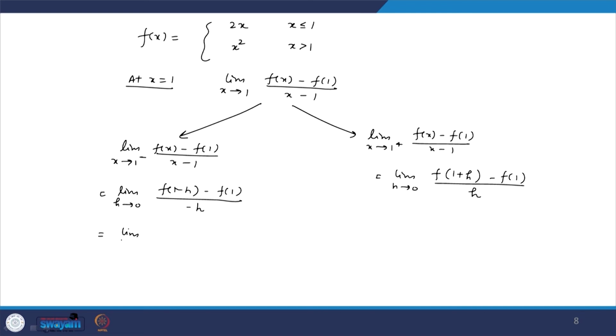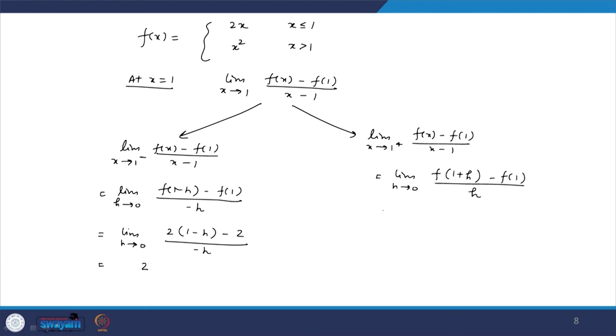This is further equal to limit h tending to 0. See, 1 minus h is less than 1, and when it is less than 1, f is 2x. So, it is 2 times (1 minus h) minus f(1), which is 2, upon minus h. Let us compute this first of all: the 2 cancels out, the minus h cancels out, and it is 2.